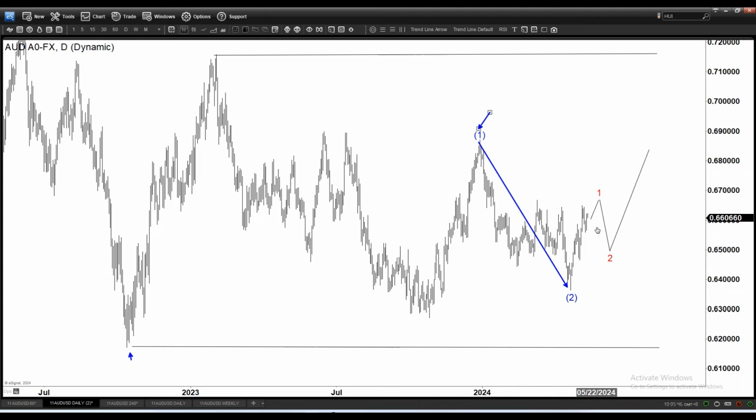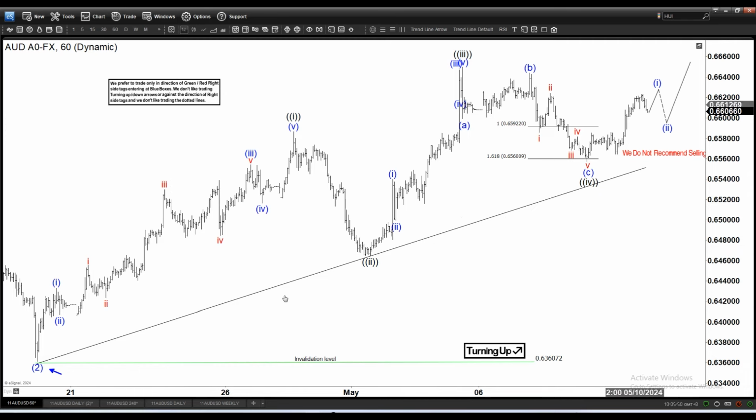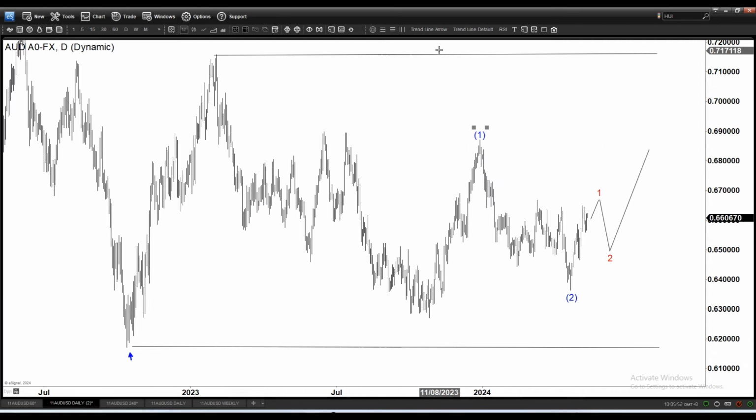And that's why I think the more likely scenario is what we are showing here, that we're going to be extending higher while we continue to stay above this wave 2 here. Okay, so eventually we can break above here, and then we can break above here again. That will be the eventual outcome.